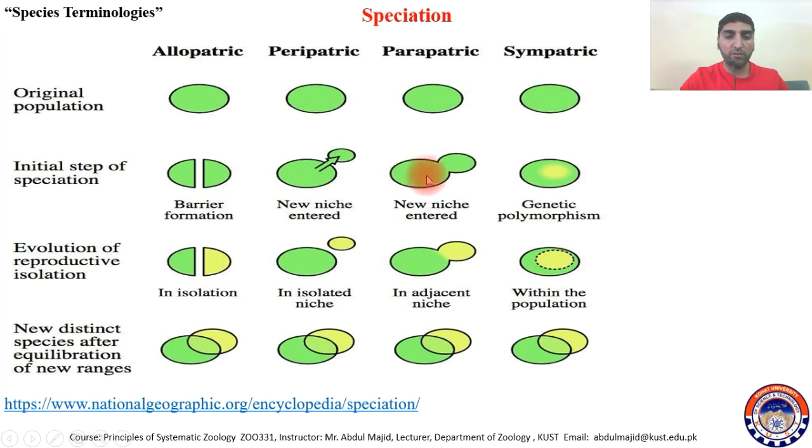This population can interbreed here and this can interbreed there, but because of their presence in the near vicinity, they will try to interbreed within that population, and with the passage of time they become reproductively isolated and become different species as speciation occurs.